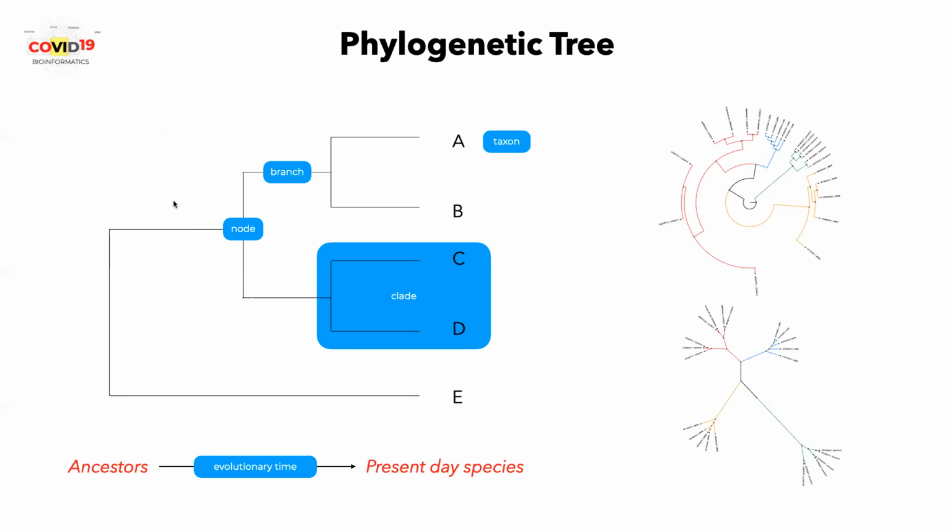Now, there are many different visual formats to actually visualize phylogenetic trees. This is a phylogenetic tree, this is a phylogenetic tree, and this is a phylogenetic tree, so they all show the same thing. And what we'll talk about today is how to generate a phylogenetic tree based on multiple sequence alignment, and then how to visualize it, and what we see when we visualize that kind of a tree.